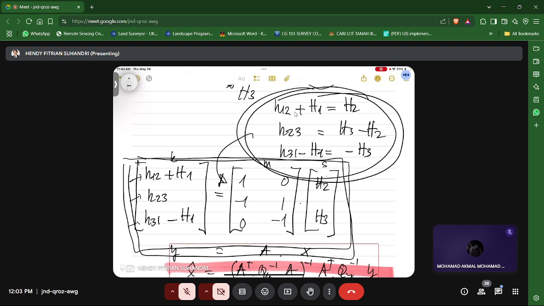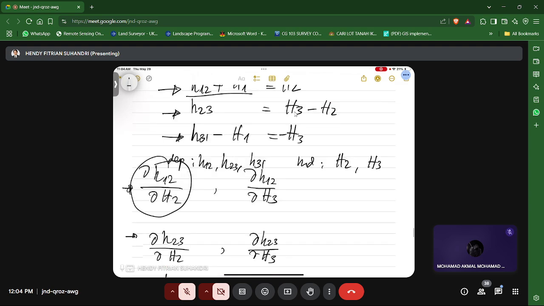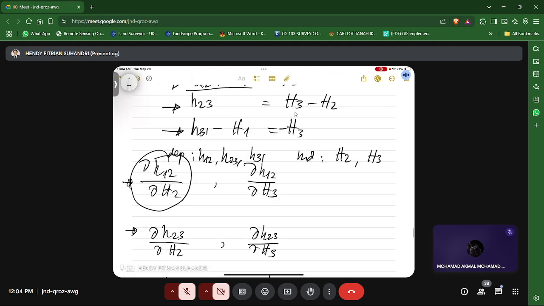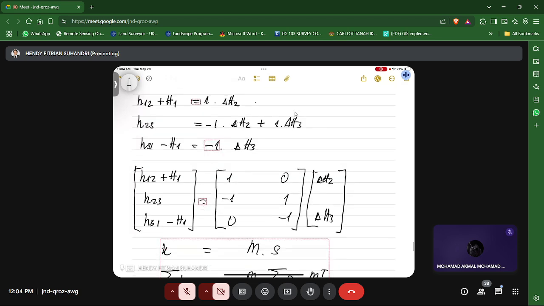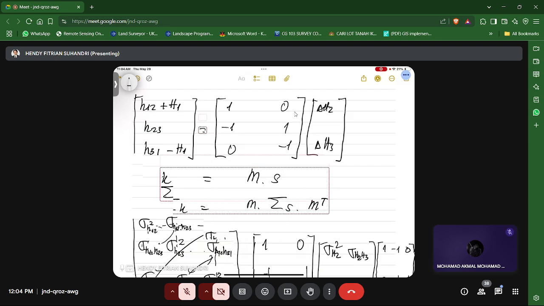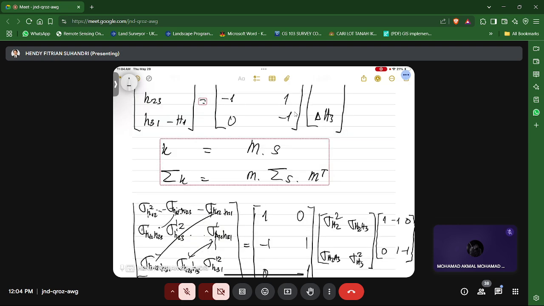Kalau soalan yang sama tapi saya tak sure dia linear ke tak linear, so saya linearize juga. Akan menghasilkan bentukan yang sama 100% sama, terutama untuk matrix M dia, koefisien design matrix. So dia akan sama penyelesaian dia.